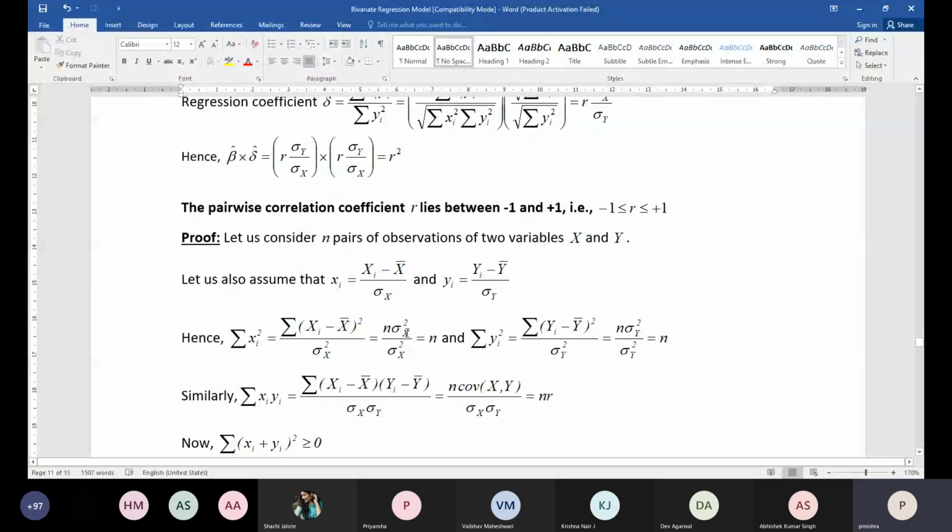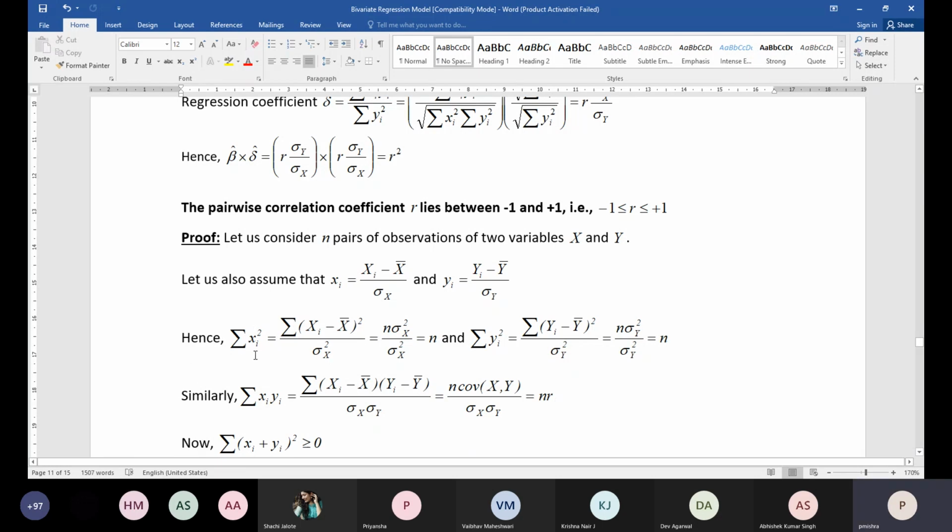Same we can say in case of summation of small yi square. So summation of small xi square is equal to n. Summation of small yi square is equal to n. Similarly, summation of small xi yi can be rewritten as this, and this part is nothing but n into covariance of x and y, which divided by the sigmas is R, the pairwise correlation coefficient between x and y. So this is nothing but n into R.